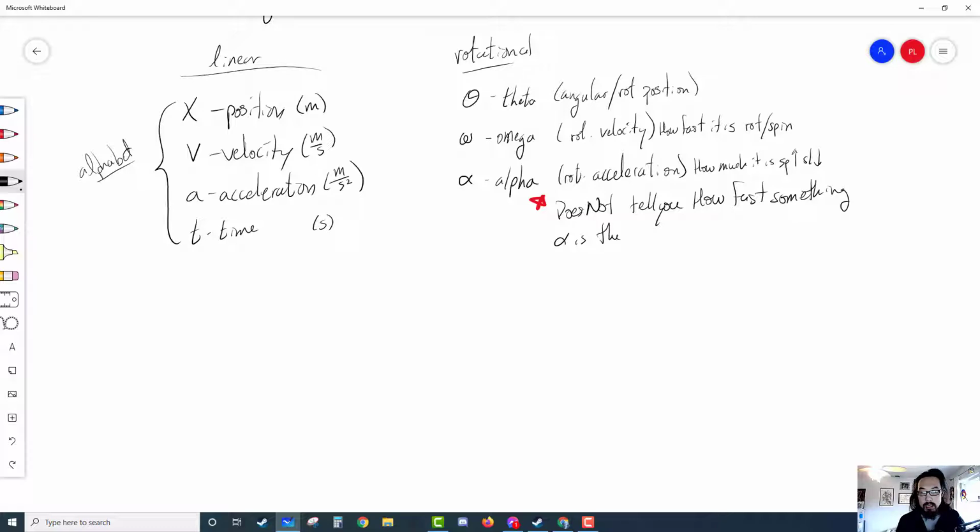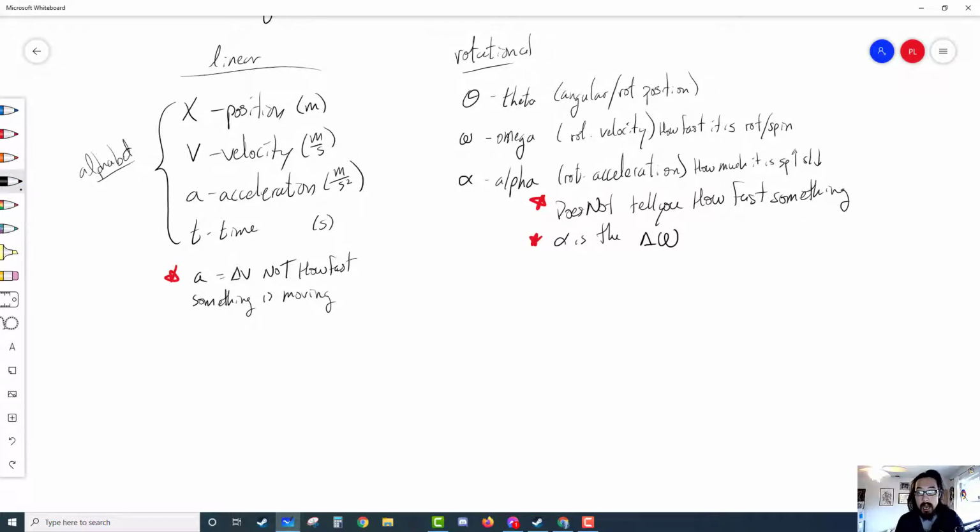This is very important. Much like over here, the acceleration is the change in velocity, not how fast something is moving. The reason I'm bringing this up again and again is because this is something a lot of students forget. They think, oh, if something has a very high acceleration, it must be moving fast. That's not the case. So that's very important there.